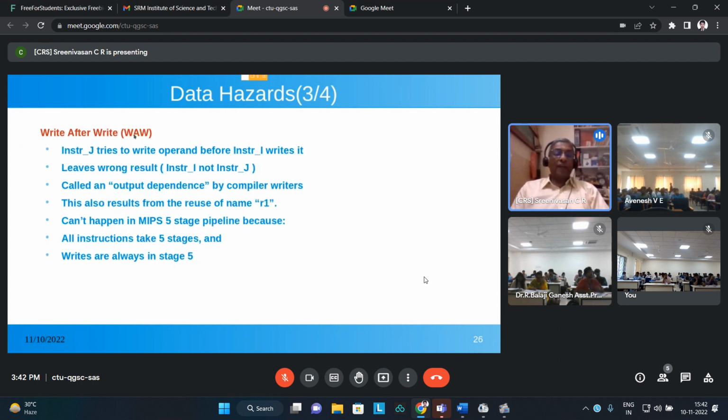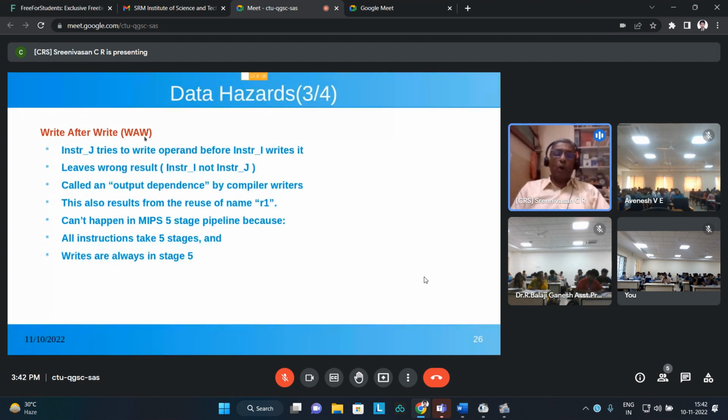Similarly, write after write. You cannot write a result and then write another result on the same location. That means you are overwriting, which is output dependence, again in compiler terminology. If you look at compiler errors and warnings, they will show all these things. If you analyze your compiler output carefully, the compiler will tell you about the dependences, and you as a programmer can correct them then and there.